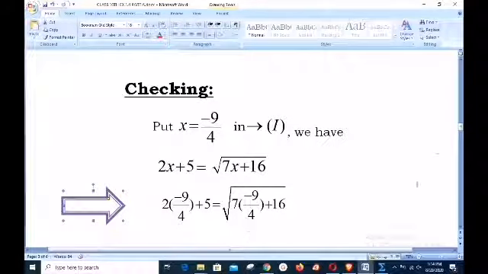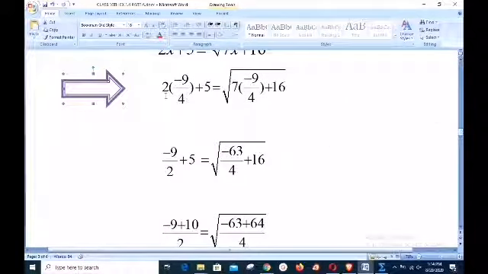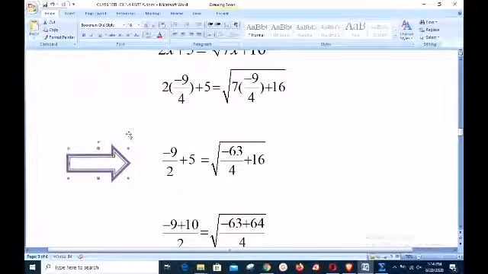In the next step, making simplification, 2 and 4 will get cancelled. You will be left with minus 9 over 2 plus 5 remains same. On the right hand side you will multiply minus 9 and 7, and 4 will remain the same in the denominator. So in place of 7 into minus 9 over 4 we have minus 63 over 4 plus 16 remains same in this step.